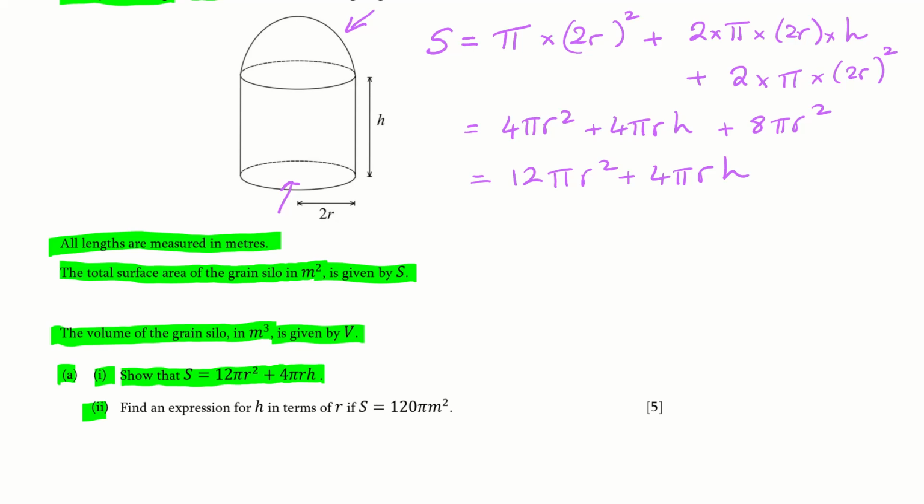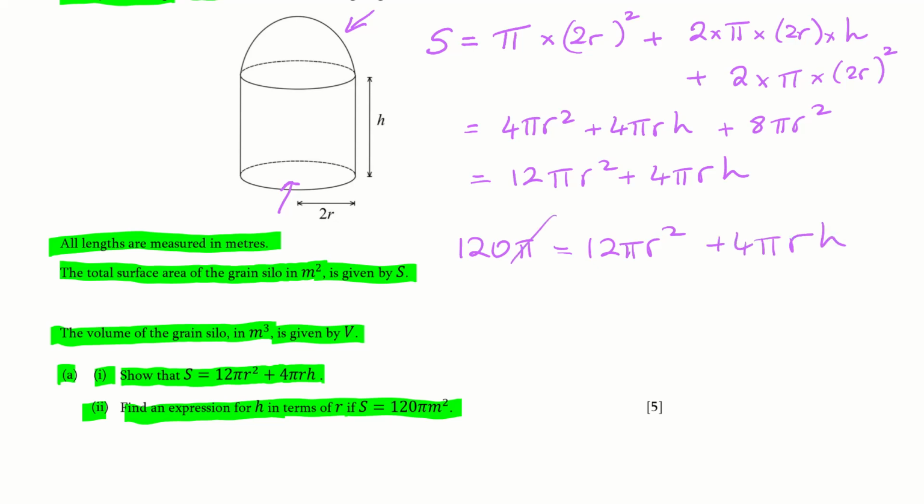A part 2 says, find an expression for h in terms of r if S is 120 pi square meters. So we have 120 pi is equal to 12 pi r squared plus 4 pi r h. Well, the pi's are going to cancel out of there immediately.